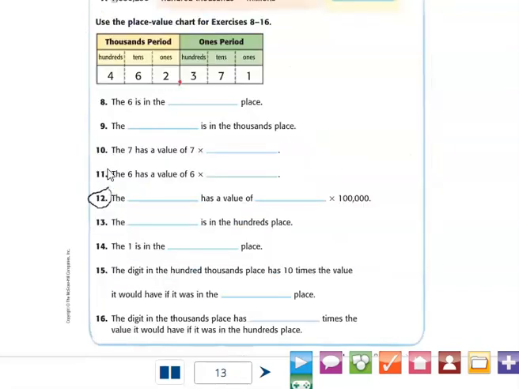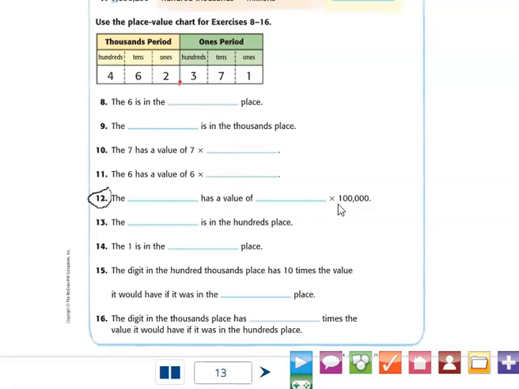So when you're doing number 10, 11, the 7 has a value of 7 times the place value. So the 7 is here. The place value is what you're going to do. And this, you can't write a word, just write the number. Same thing here. 6 has a value of 6 times the place value.